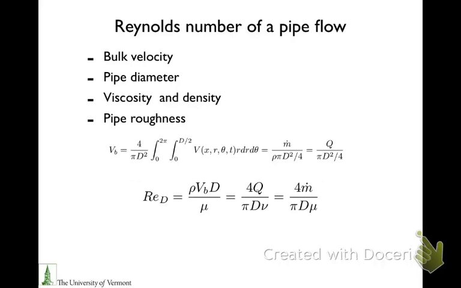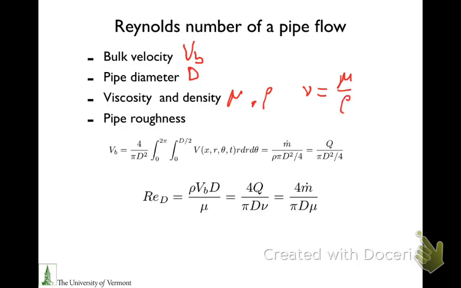Your Reynolds number will be defined, for all the correlations that we will use in the future, by the bulk velocity V_B, the pipe diameter D, the viscosity mu, and density rho. The viscosity here is the dynamic viscosity, and remember that the kinematic viscosity is mu over rho.